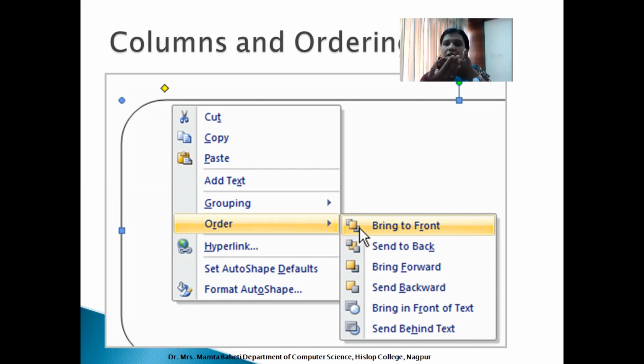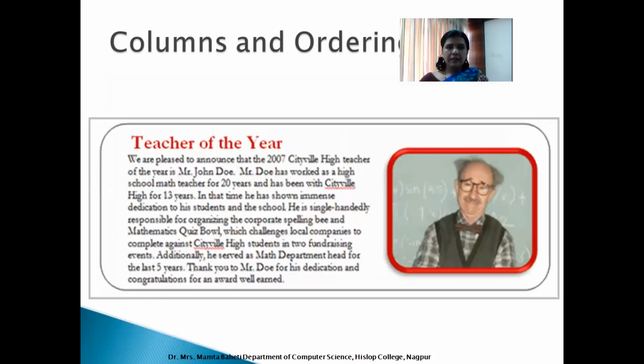Bring Forward moves the image one step forward, and Send Backward moves it one step backward. If text is there, my image or object will be placed in front of the text or at the back of the text. Like here, it is next to the contents.